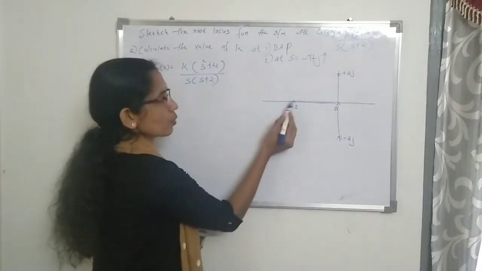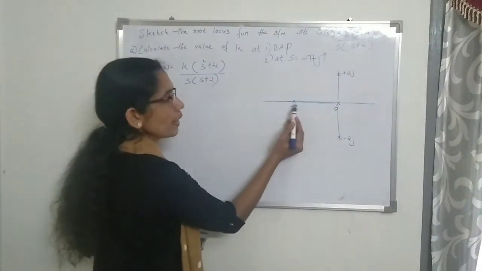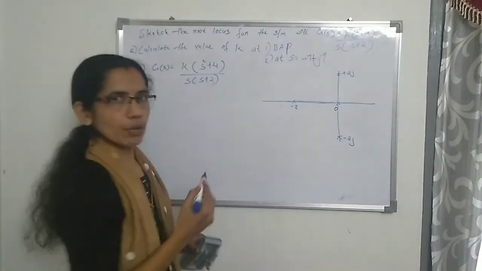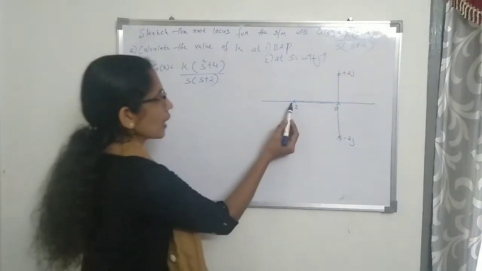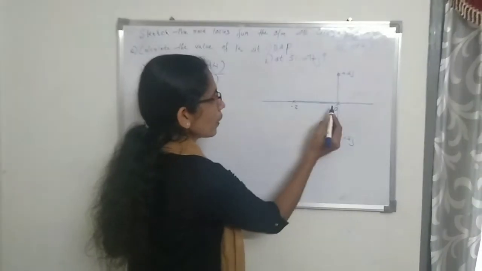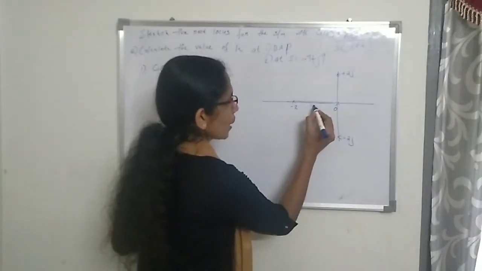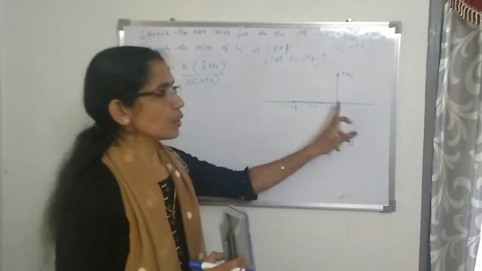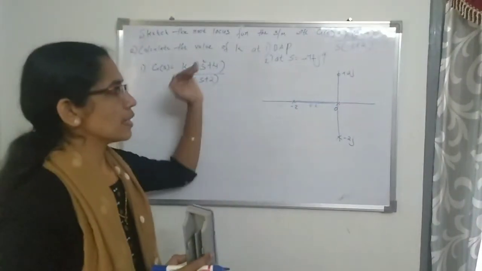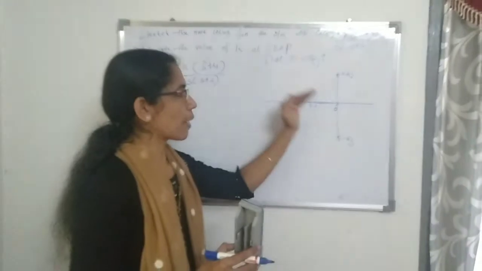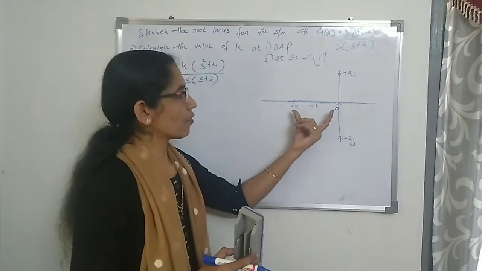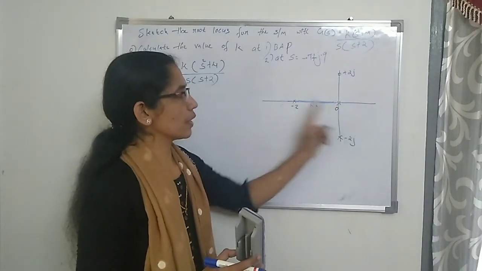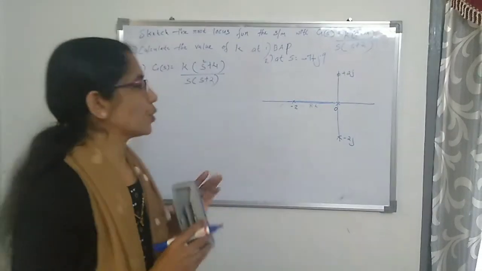After -2, for any test point, the total number of poles plus zeros to the right is even, so there is no root locus branch there. Second step: we find that a root locus branch exists between 0 and -2.